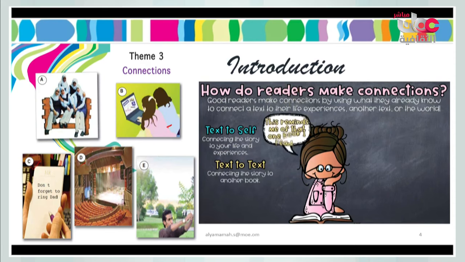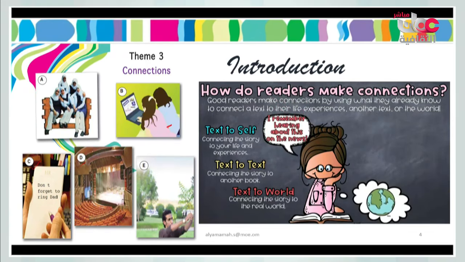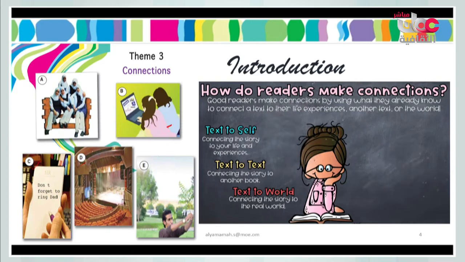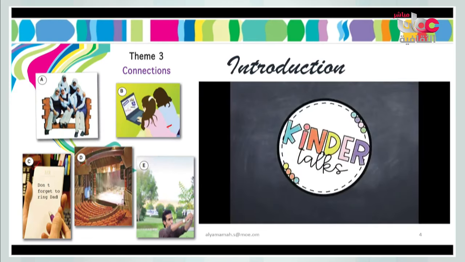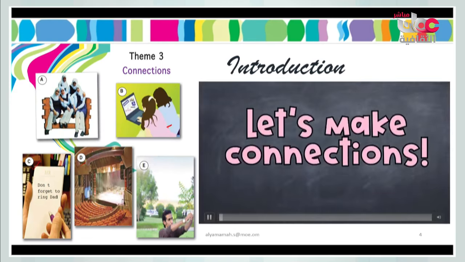This reminds me of that one book I read. Text to world, connecting the story to the real world. I remember hearing about this on the news. Now you're ready to make your own connections. Let's make connections.